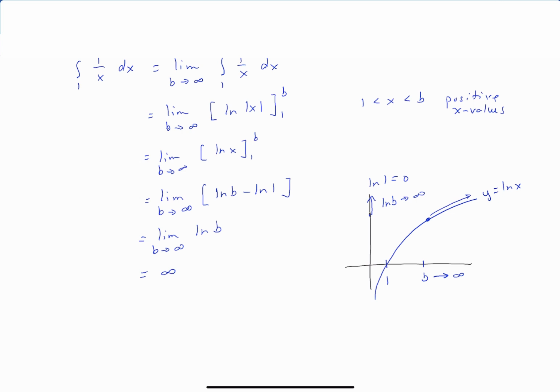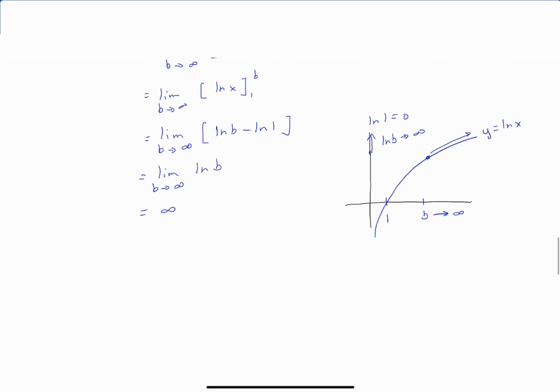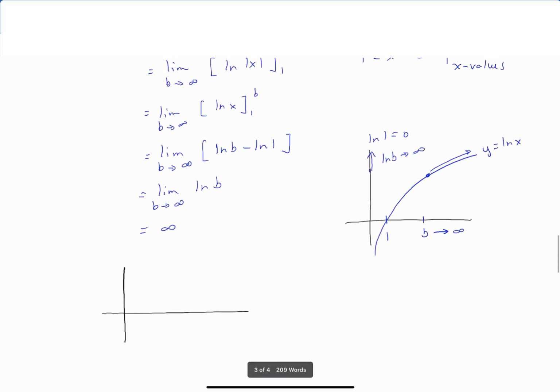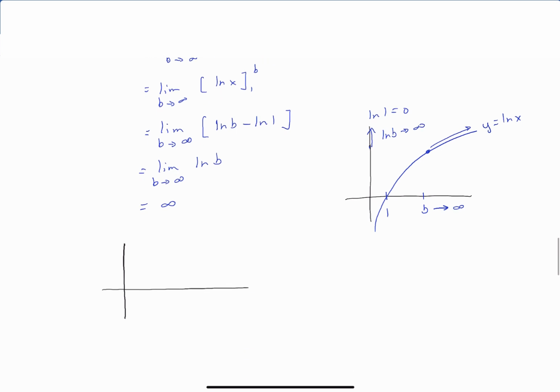Now that's telling us something about the area under the curve. And remember, our definite integral was for 1 over x. So when we're thinking about areas, we're thinking about the 1 over x curve.